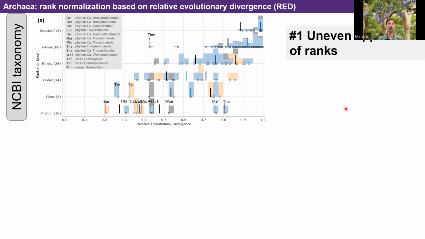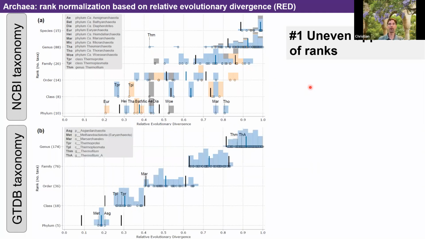And usually in the beginning, it was a very iterative process. You basically look at those ranks, you reassign when necessary, you run RED again and see how it changes. So after many rounds, we came up with the GTDB version of that, and that is release R89. And you can see we ended up with something like this for the archaea.